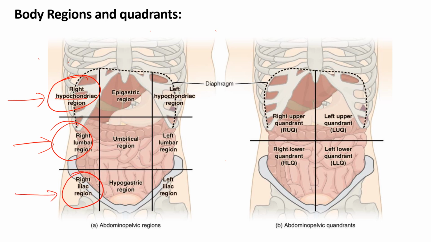Iliac region, so right iliac region, left iliac region. The name of this is because this bone that we have here is called the ilium. Therefore, the region is called the iliac region because the bone is the ilium bone.